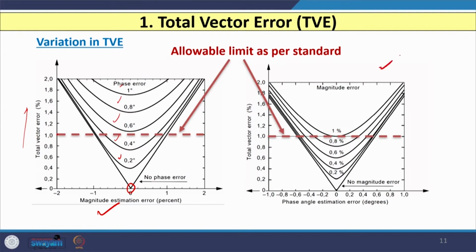In the same way, in the second graph I have taken the phase error on x axis in degrees and total vector error in percentage on y axis, and if I consider a magnitude error of 0, then you will have this graph, and further if you go on changing this, then you will have the variation in this graph. Again the 1% total vector error limit is also applicable for this graph.